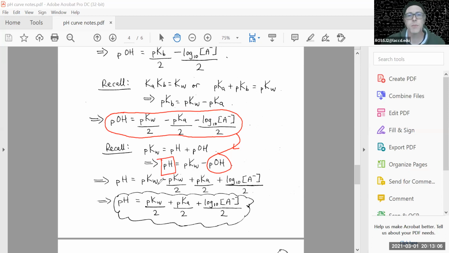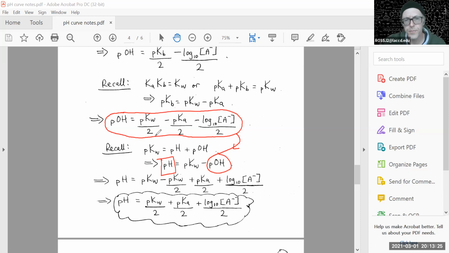So pH is pKw minus the pOH. But I don't have minus pOH, I know positive pOH. So I've got to take this negative sign and apply it to every single term here.